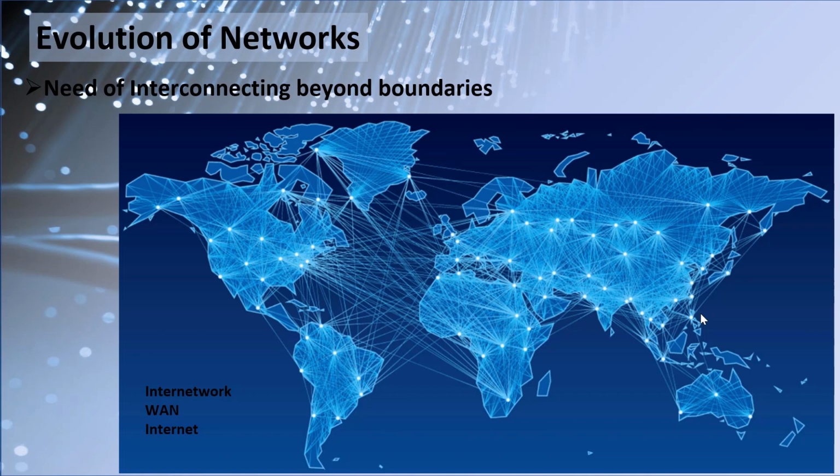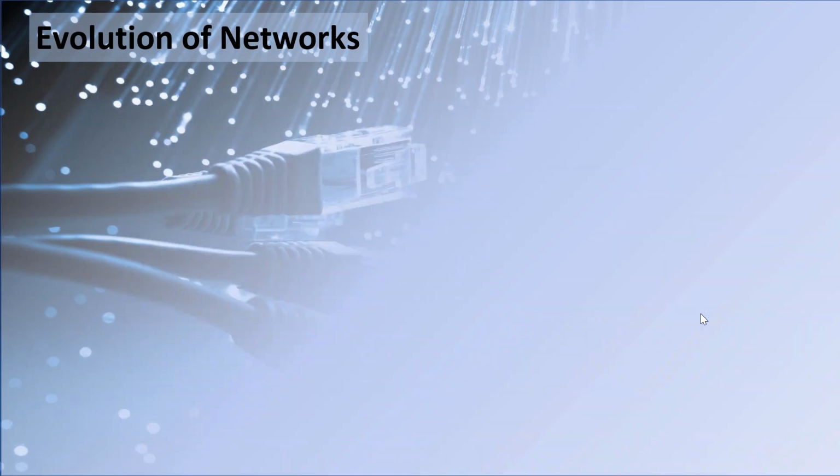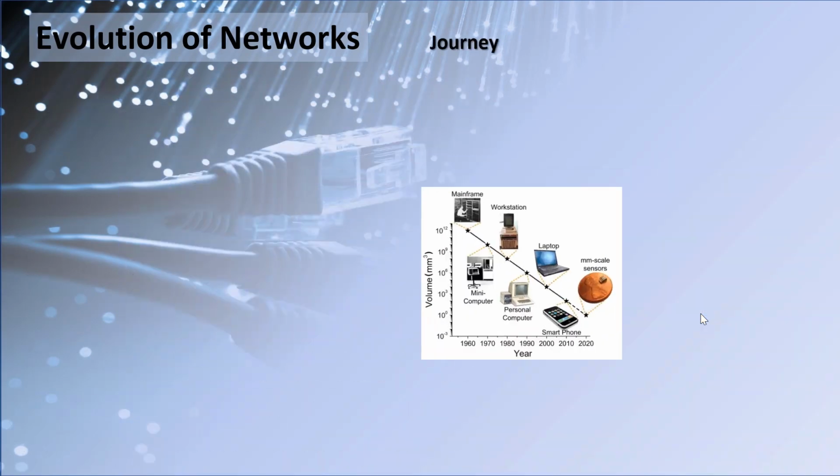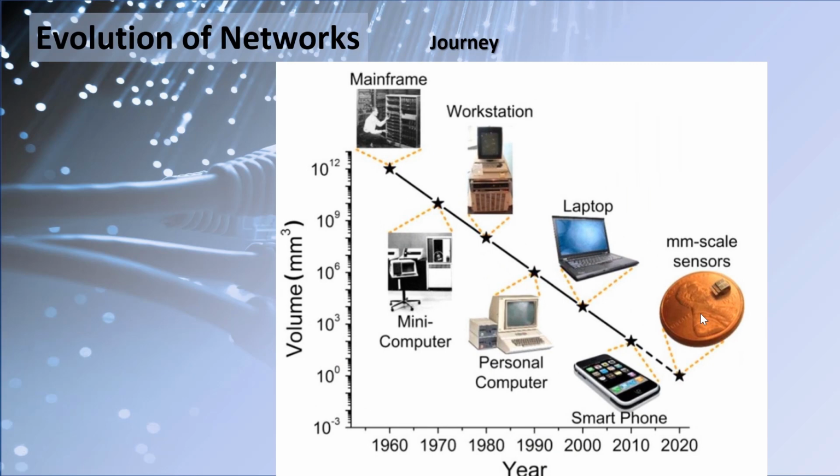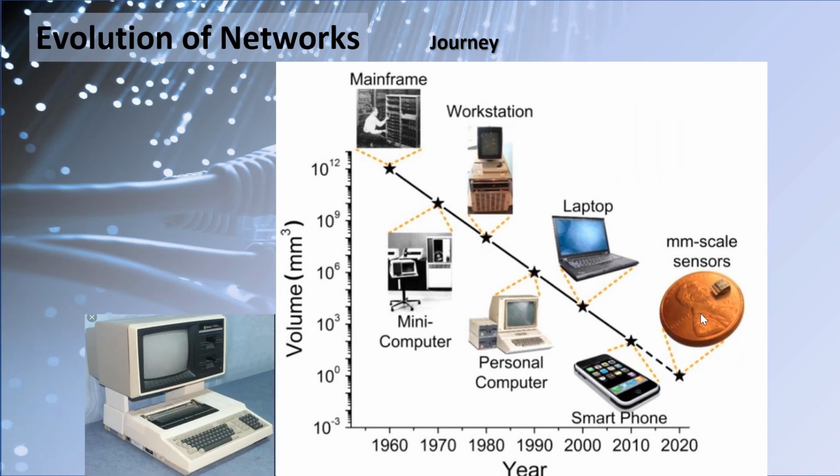So if you go back and look at the computer systems of the 1970s, they used to be large boxes with very less compute power, memory and storage. And if you compare with today's cell phones or smartphones or tablets, a cell phone would have processing power and memory more than 100 times that of those old computers.